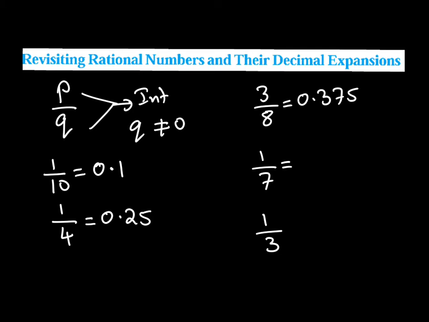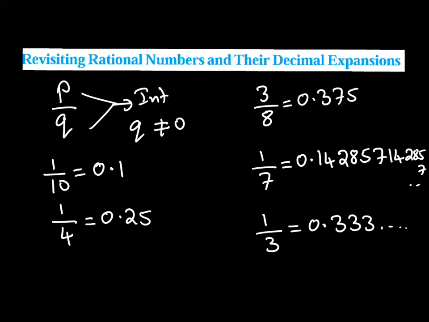The decimal form of 1 over 7 is 0.142857. It repeats and it goes on. The decimal form of 1 over 3 is 0.333 and it goes on.